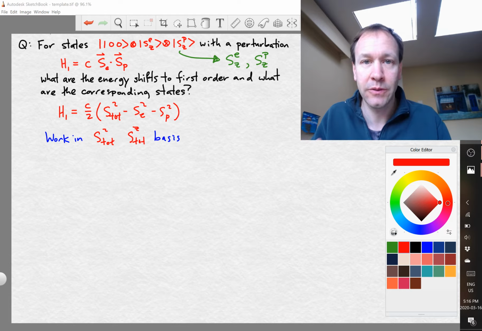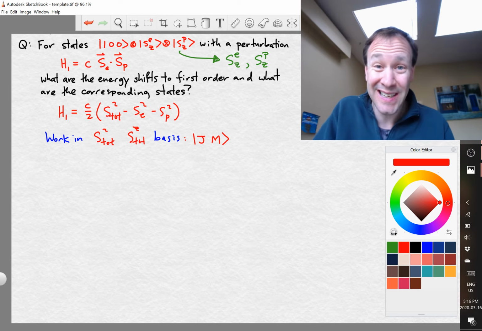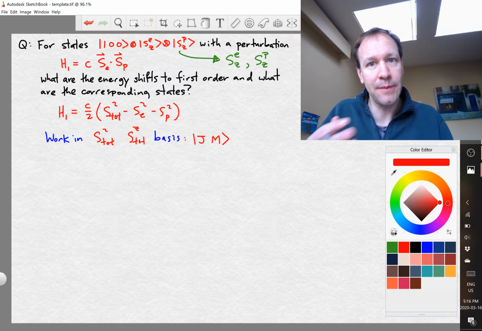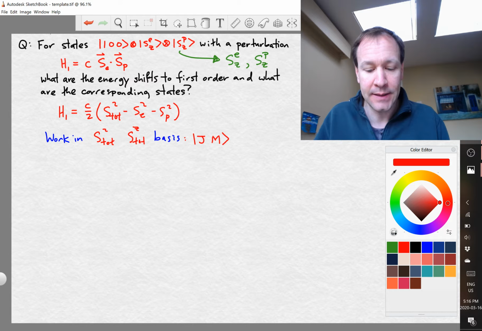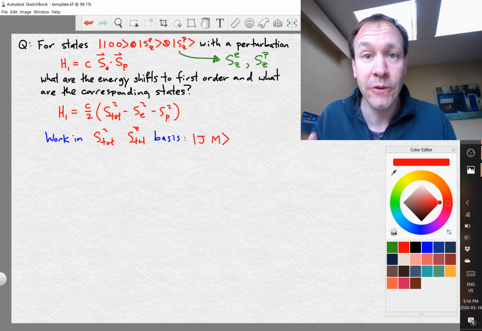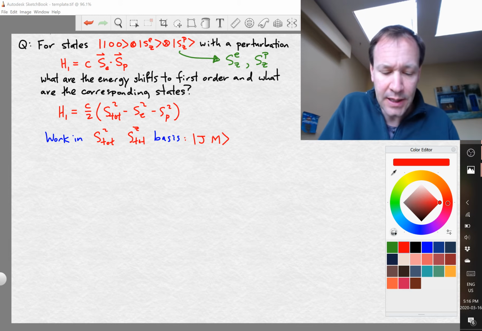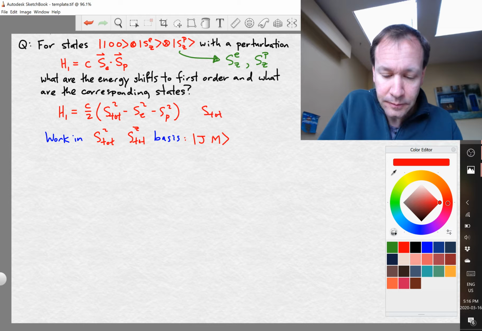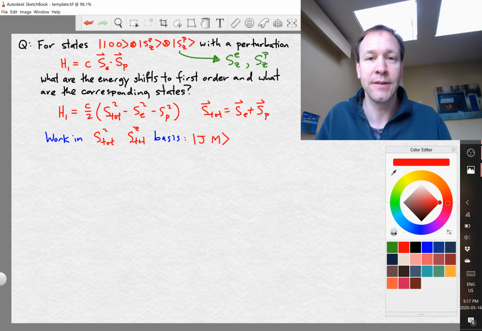We'll call those states |J, M>, where h bar squared times J(J+1) is going to be the eigenvalue for S total squared, and h bar times M is going to be the eigenvalue for S total Z. Here we're talking about S total as just being the spin operator for the electron plus the spin operator for the proton, or the vector of operators.